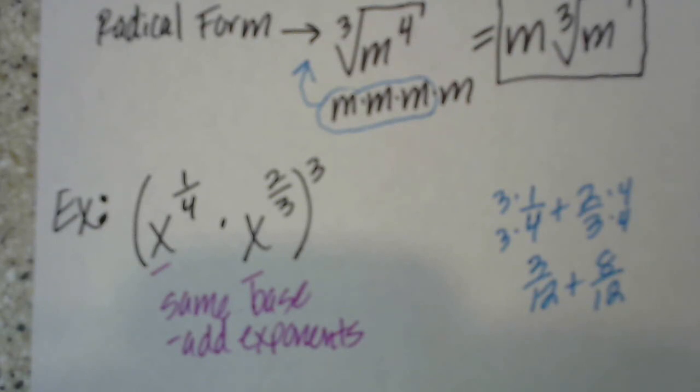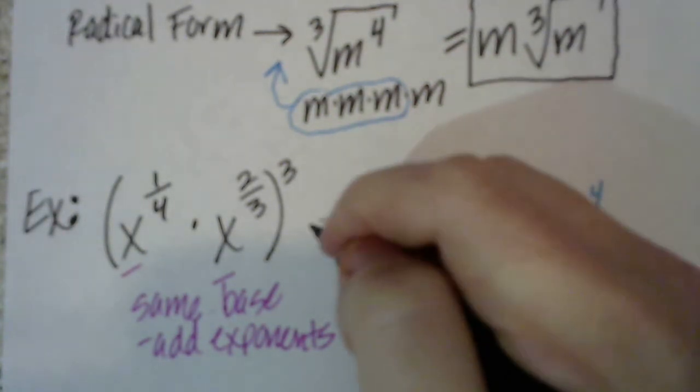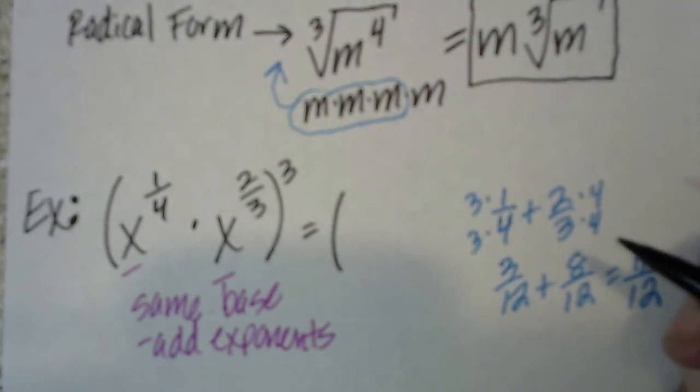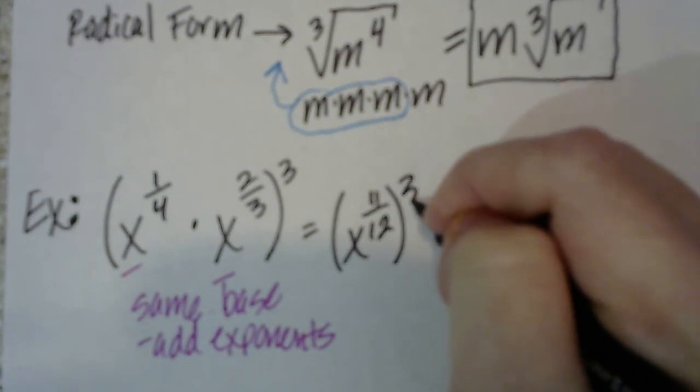It's going to give me 11/12. Agree? So now I can write this problem to be x to the 11/12 raised to the 3rd power.